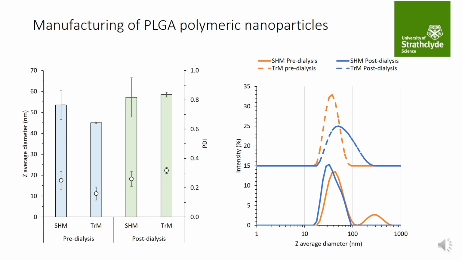The sizes were able to be nice and well maintained, as well as the PDI, showing that we're able to achieve quite a homogeneous dispersion just using PLGA. And again, as you can see from the intensity plots, pre and post dialysis, we're able to get nice uniformity without any change switching between the cartridges.